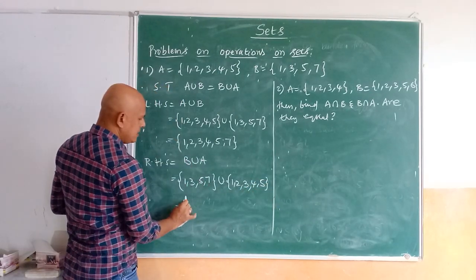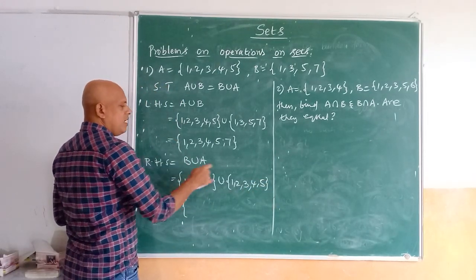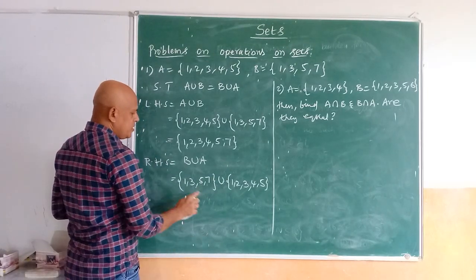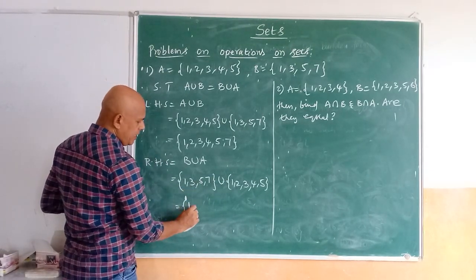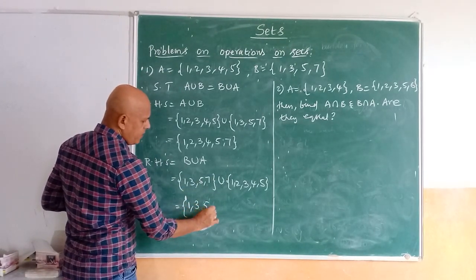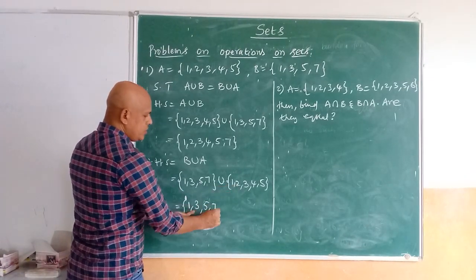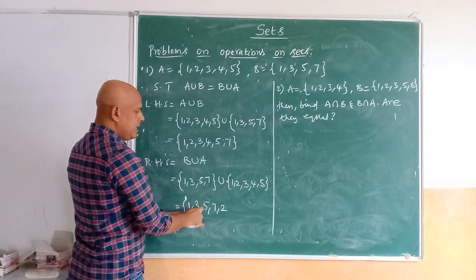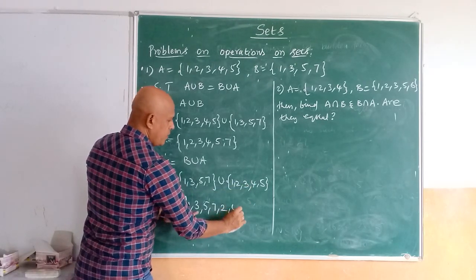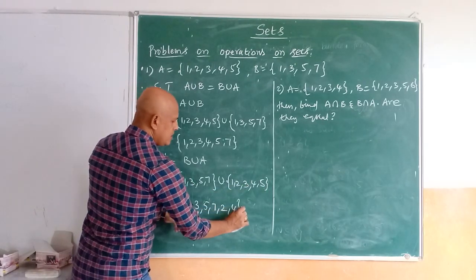And union means, as I said, elements of the first set and also elements of the second set. So first of all elements of the first set we will write here: 1, 3, 5, 7. And elements of the second set: 1 is written already, 2 is not there, so 2; 3 is already written and 4 is not there, so 4; and 5 is already written. So these are the elements here.